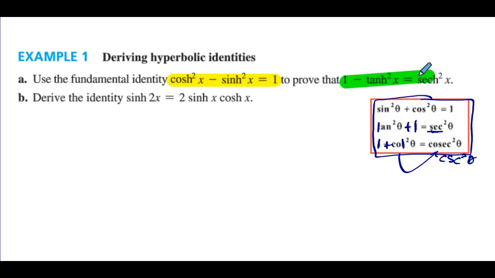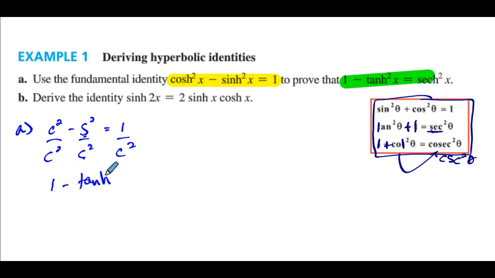So let's see if we can work through this together. Just like in trig, we know that hyperbolic cosine squared minus hyperbolic sine squared is equal to 1. If I divide every term by hyperbolic cosine squared, I'll get 1 minus hyperbolic sine divided by hyperbolic cosine, I'm abbreviating these because I don't want to write all that out, that's hyperbolic tangent, squared.